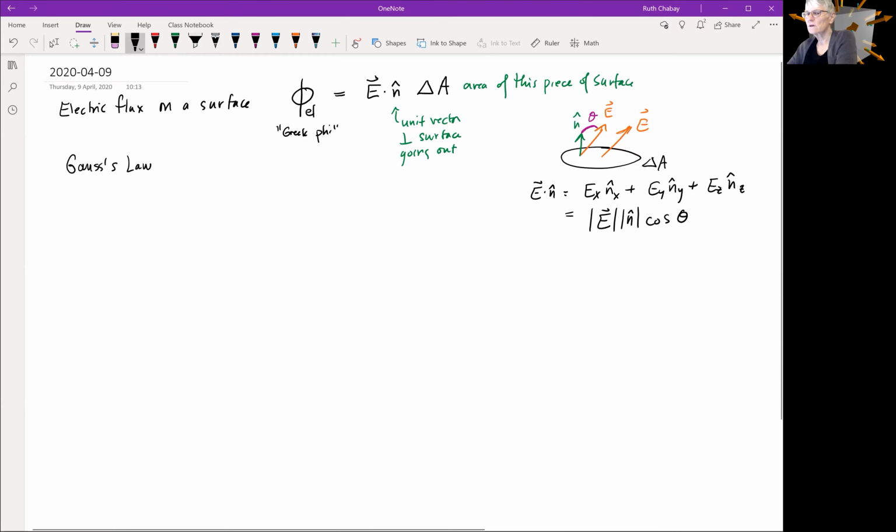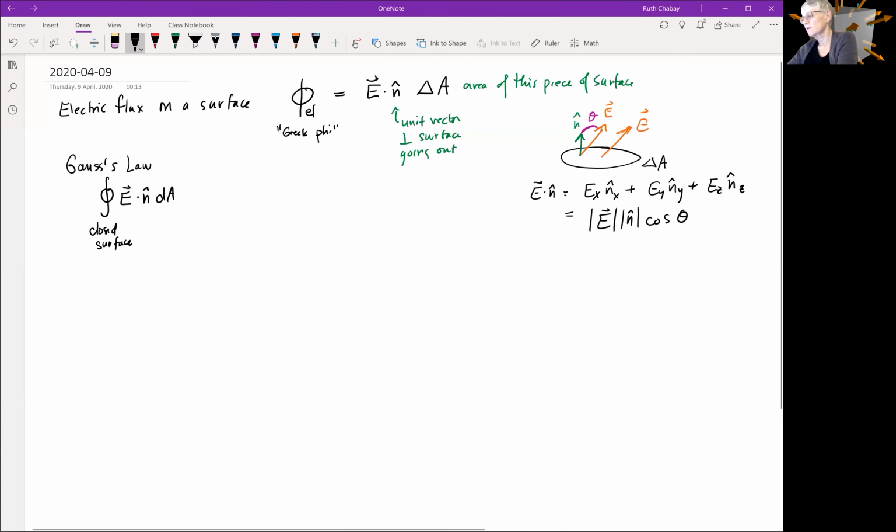And so Gauss's law, we found, is that the electric flux on a closed surface, so we have E dot n hat, we write it in the most general form as an integral over a closed surface. But we saw that the surfaces on which we're going to evaluate this are ones in which we can usually do this integral by inspection.